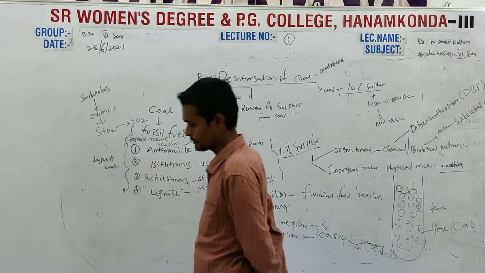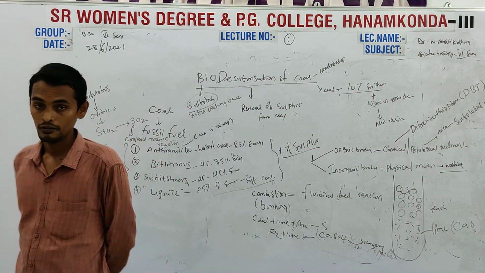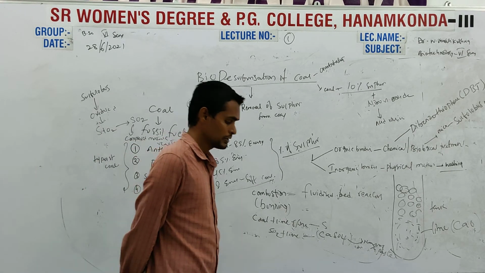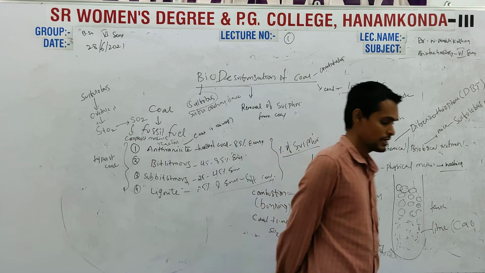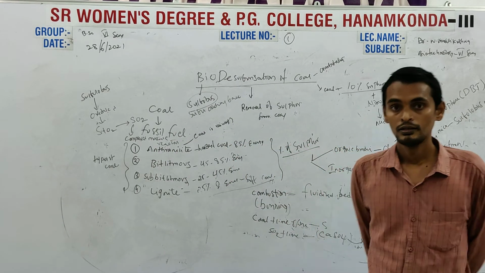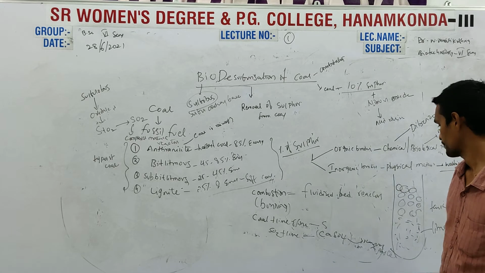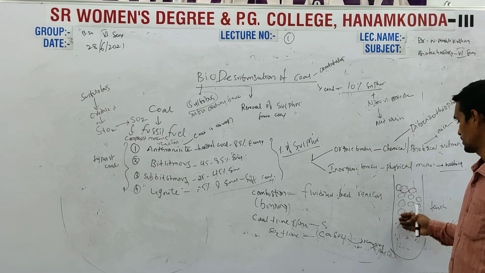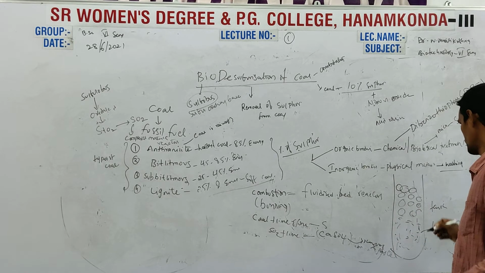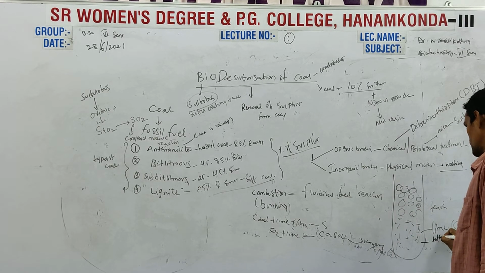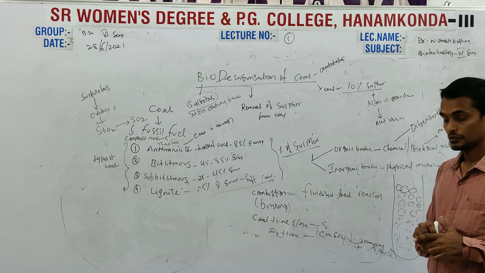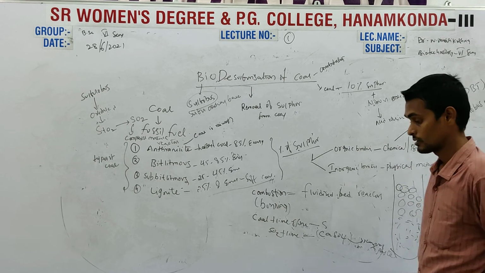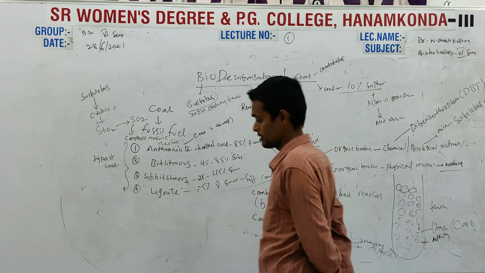Coming to general combustion, the general burning of the coal, which can be done in fluidized bed reactors. Fluidized bed reactors are tanks filled with a bed-like material at the bottom of the tank. Generally we use limestone, which is calcium oxide.